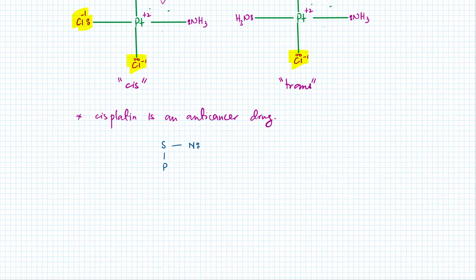So the DNA is like a polymer: a sugar molecule connected to a nitrogen base, and the strand continues. You've got phosphate group, sugar group, and a nitrogen base which has lone pairs. And remember, it's a complicated molecule. I'm just writing S, N, and P, but nitrogen base means this is what the actual DNA molecule looks like.